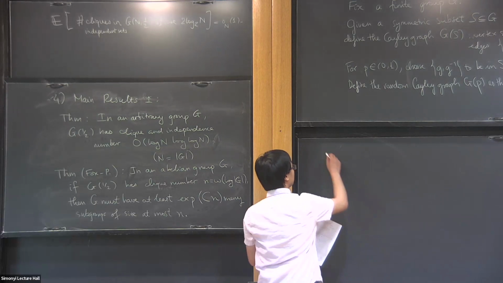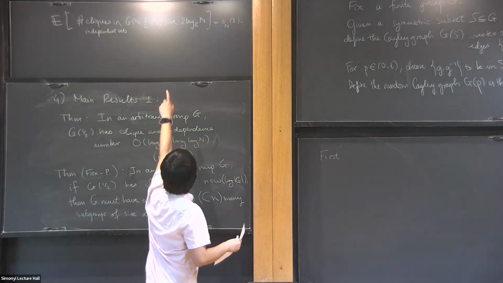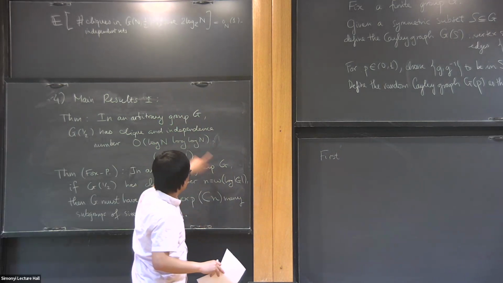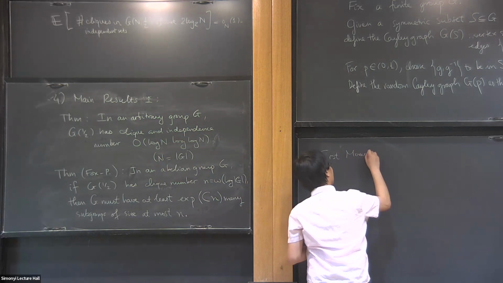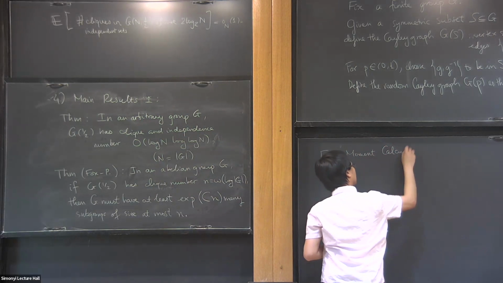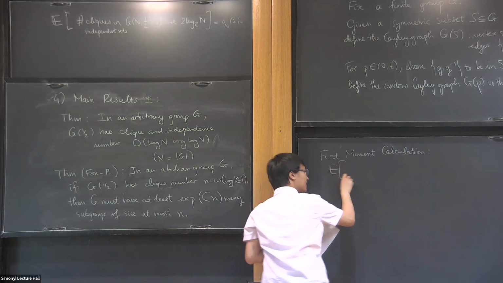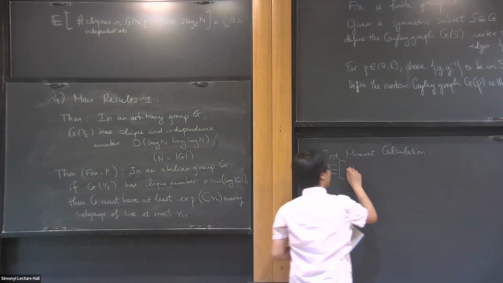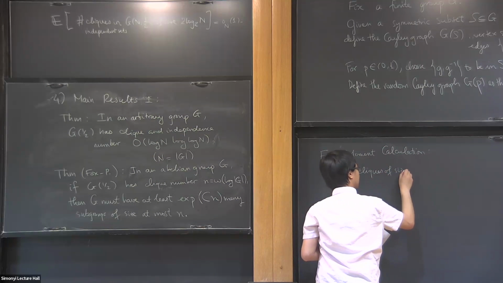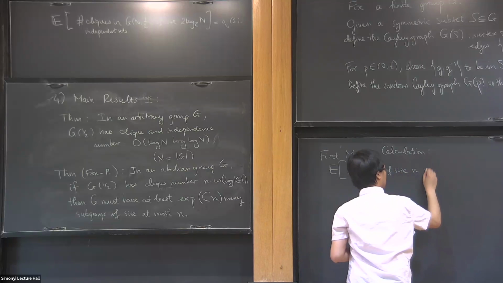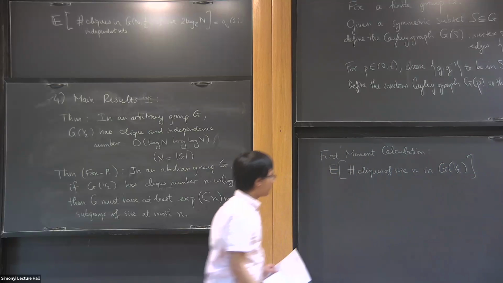Now let me try to do the same thing that we did in an Erdős–Rényi random graph in this random Cayley graph example and see what happens. So we can do the first moment calculation. It's going to be simple. We want to count the expected number of cliques of some size little n in this random Cayley graph G_{1/2}.